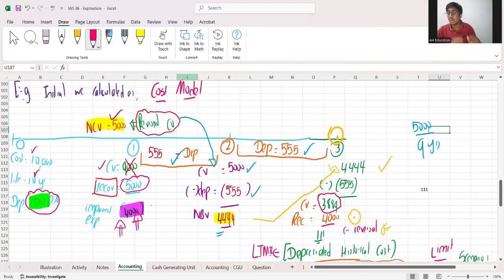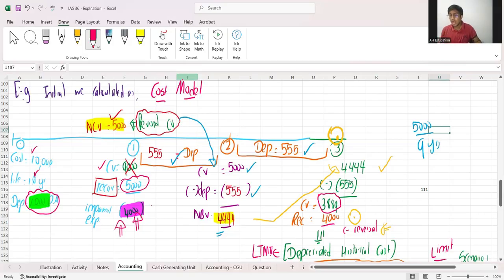Why? Because now in year three, our assumption has changed. What we thought until year three, year four, year five was that our market value will fall. That is the reason we did impairment. But unfortunately, we had a favorable movement in year three. Our recoverable value was more than our carrying value. Therefore, you need to do a reversal.